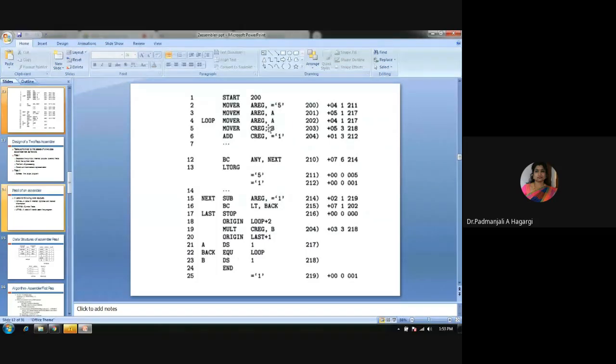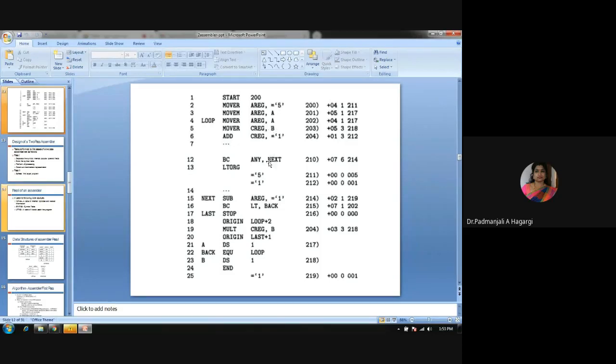Next, B is found as a new identifier, and it will be pushed into the symbol table with identification number 2.